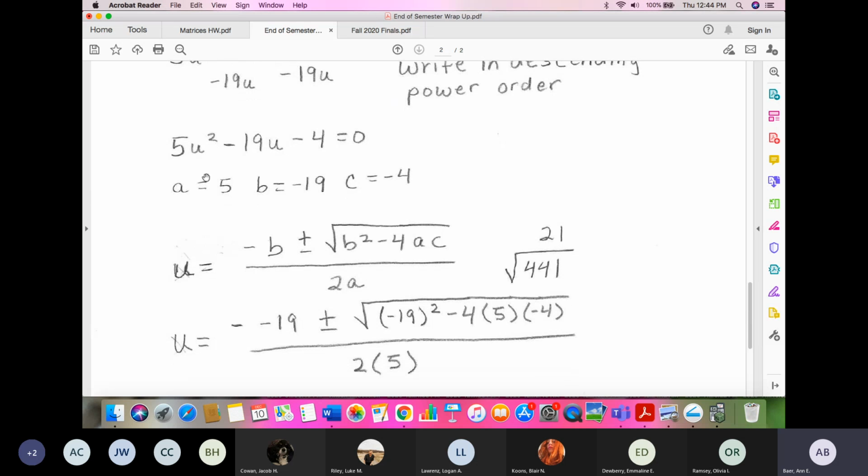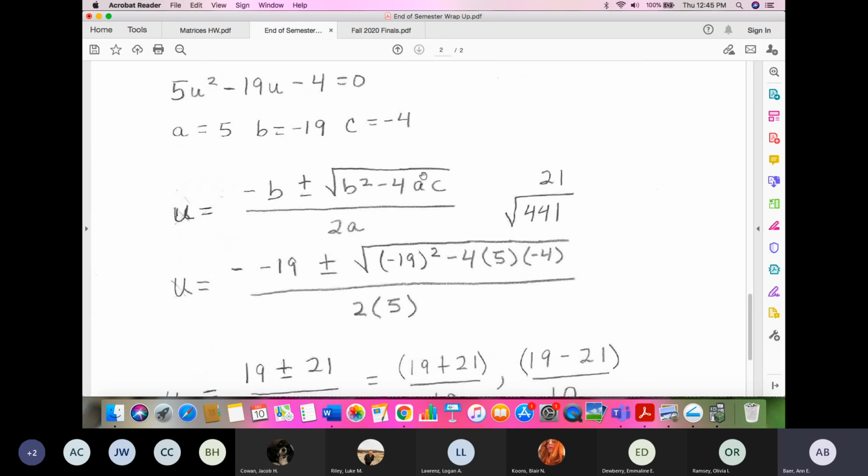Our A is the coefficient of the first term, which is 5. Our B is the coefficient of the second term, which is negative 19. Our C is technically a coefficient because it's times x to the 0, which is 1. So C is negative 4.